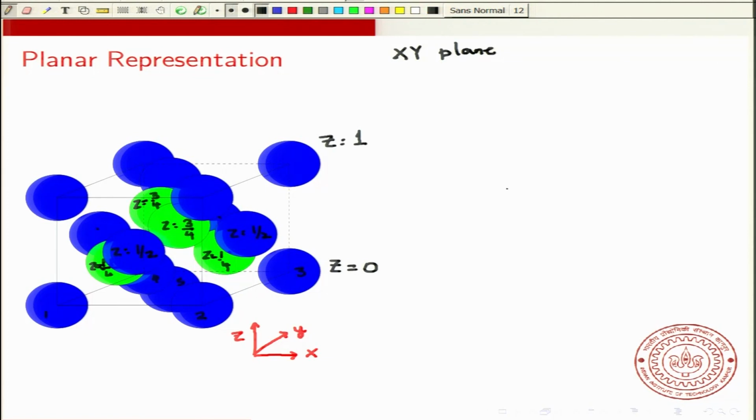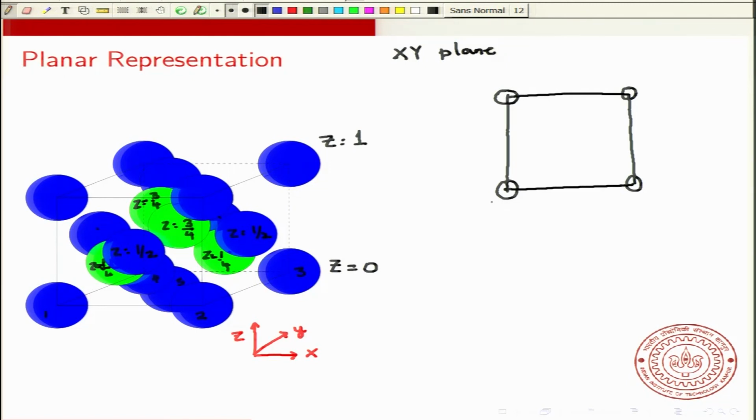So now you draw it in the xy plane. So at the origin you have an atom, this is your atom 1, and then you have at x equal to 1, y equal to 0, then you have x equal to 1, y equal to 1, and x equal to 0, y equal to 1.